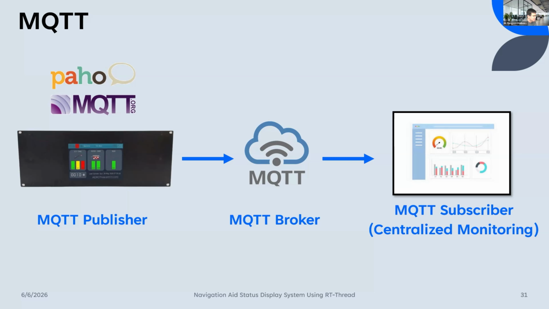You can simply watch by creating a centralized dashboard by subscribing to the status topic at MQTT. So you can simply show the status of all equipment in one country. Here we use Paho MQTT. It's also a library that is included in RT-Thread.